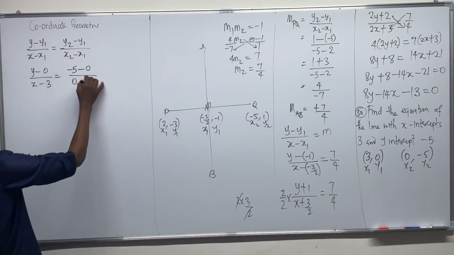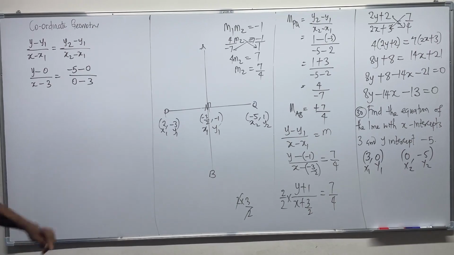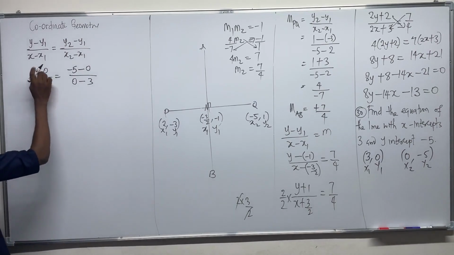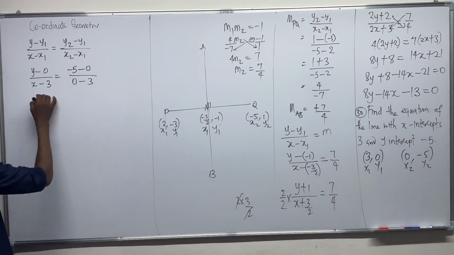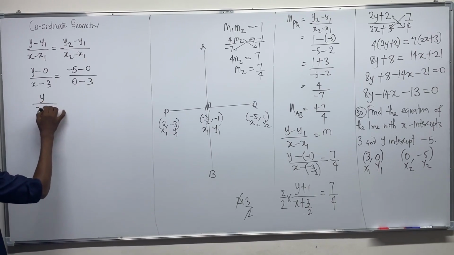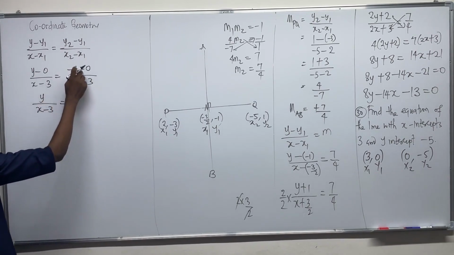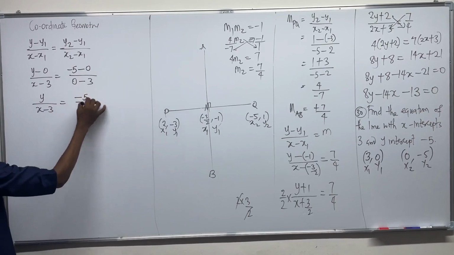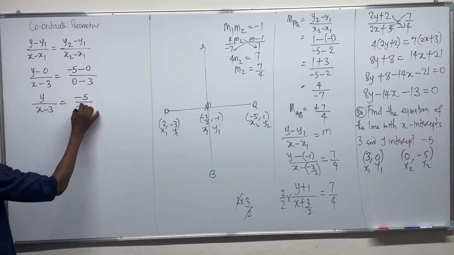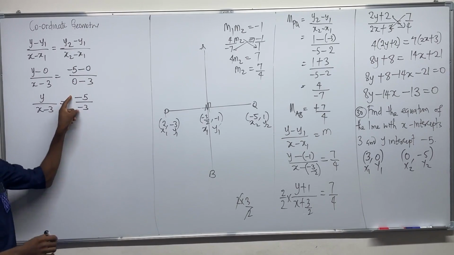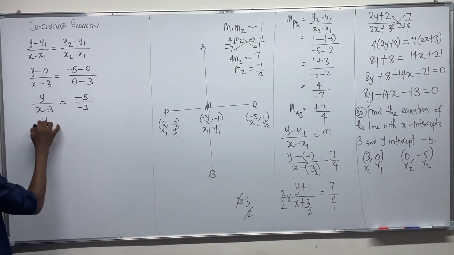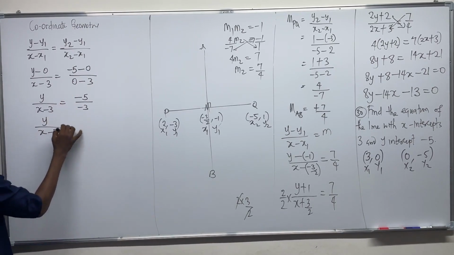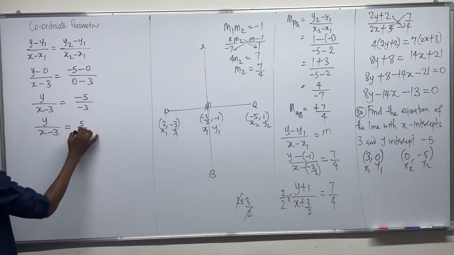Minus what is x1? 3. So y minus 0 is still y. So this is y divided by x minus 3. What is minus 5 minus 0? That's minus 5. What is 0 minus 3? That's minus 3. So these two minuses will take care of themselves. So this is y divided by x minus 3 equal to 5 over 3.